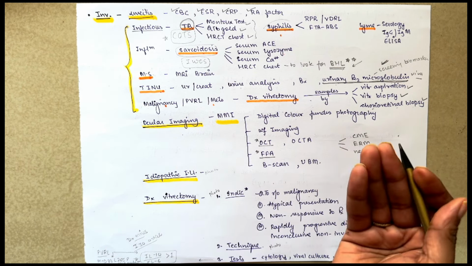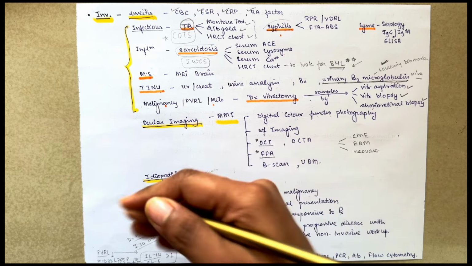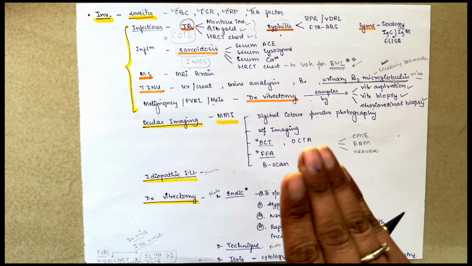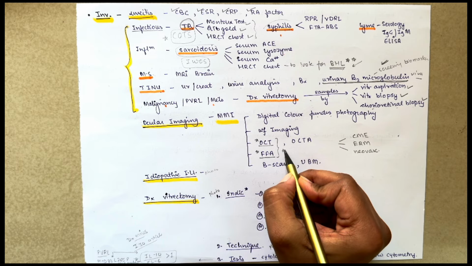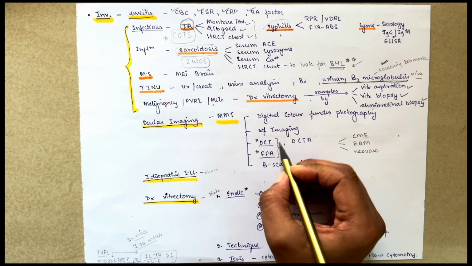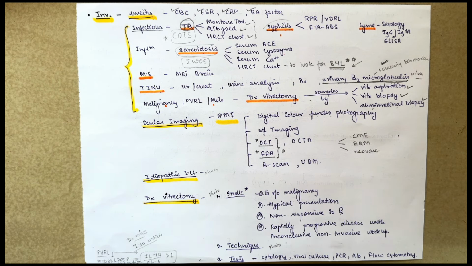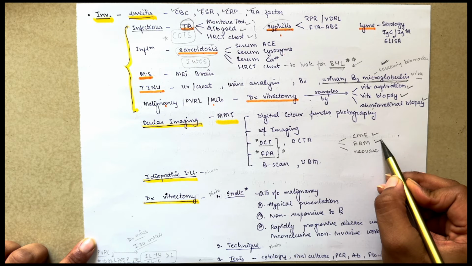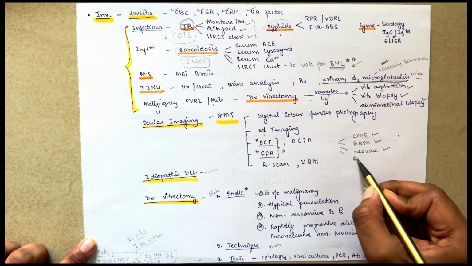Now for multimodal imaging, you go for digital color fundus imaging, color photos, and wide field imaging, because you want to see the peripheral retina, pars plana, and ciliary body also. Then most important, you need to mention OCT and FFA, because these are the main investigations which will tell about cystoid macular edema, retinal membrane, neovascularization, and any complications.